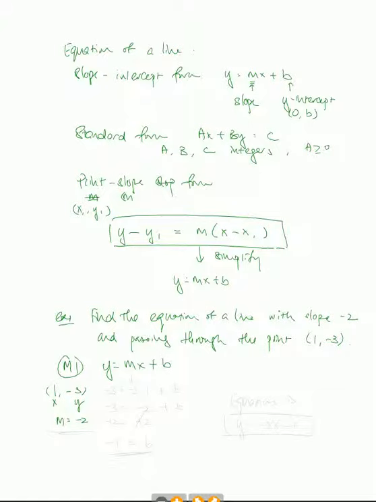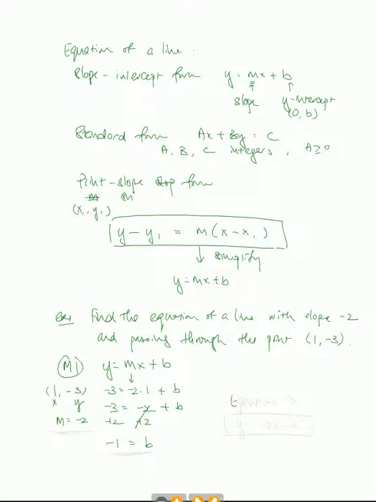So in place of the y, you will put -3. In place of the m, you would use -2, and in place of the x, you would put 1, plus b. So what you have is -3 equals -2 plus b. By adding 2 to both sides, that tells you b is -1.